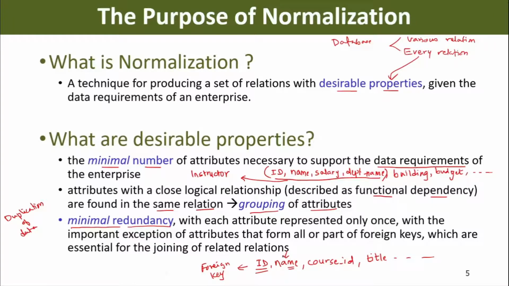But no need to store the attribute name once again, because it creates redundancy. So if we need to use the same attribute more than once, then it should be in the form of a foreign key only, because foreign keys are very important for joining the related relations, right?